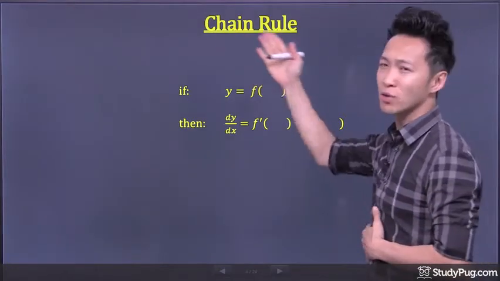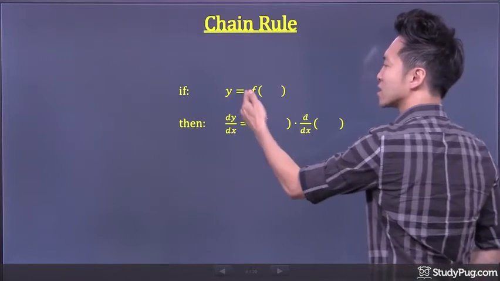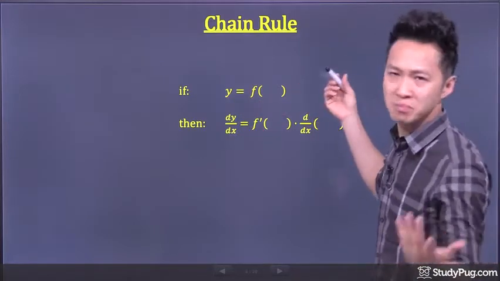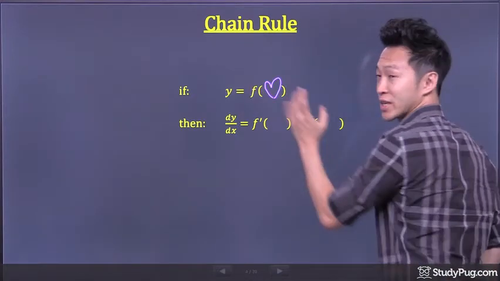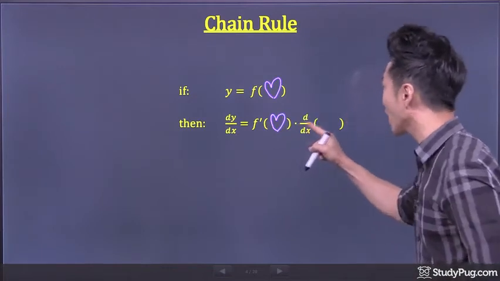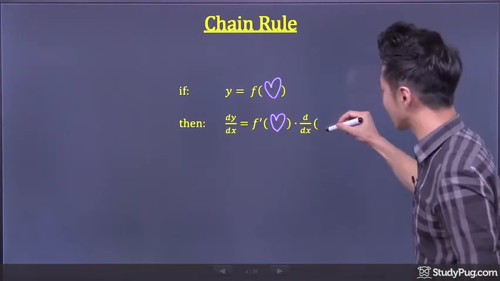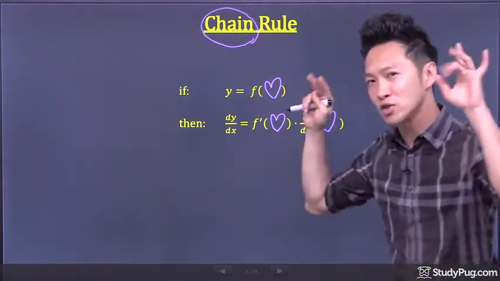As mighty as the chain rule sounds, this is what it comes down to. If y is defined as a function f of something, then to differentiate this function, we get f prime of that something, followed by the derivative of that something. Why do we call it the chain rule?